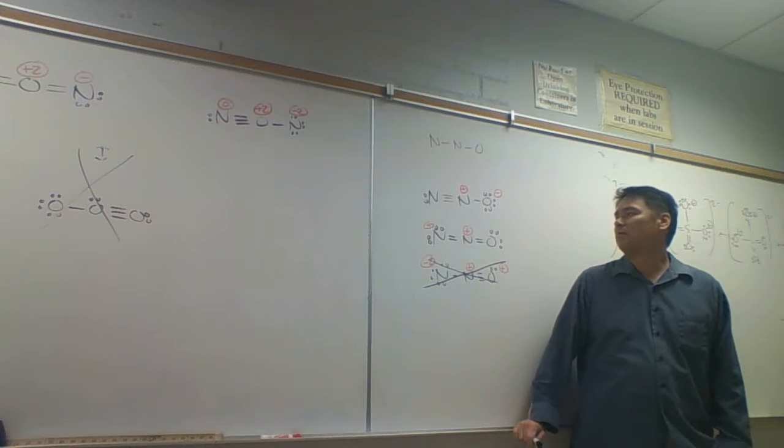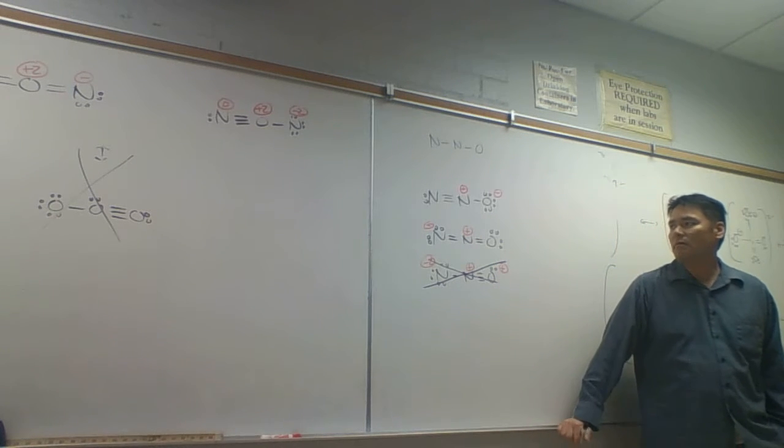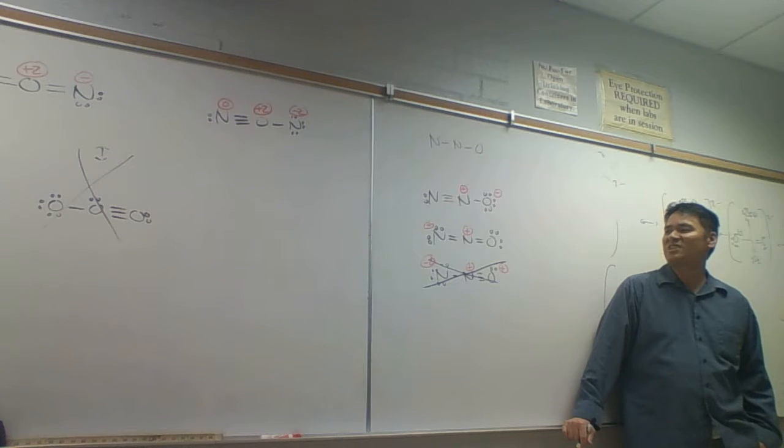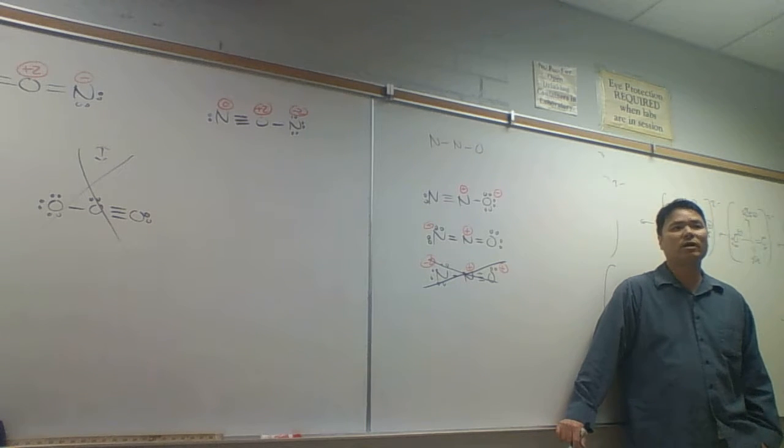But we would then take a look at the numbers and go, well, oxygen is a 3.5 and nitrogen is a 3.0. And so 3.5 versus 3.0, is there a significant difference in electronegativity? 0.5. Is that a big difference in electronegativity?